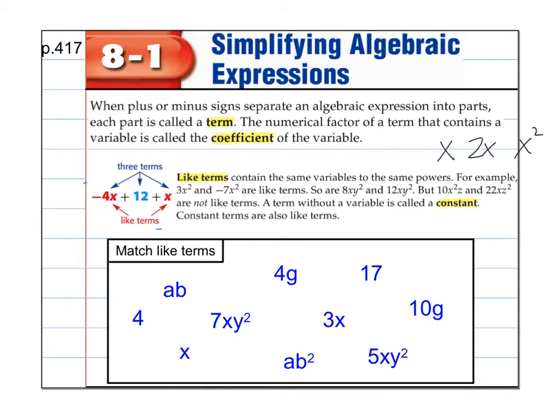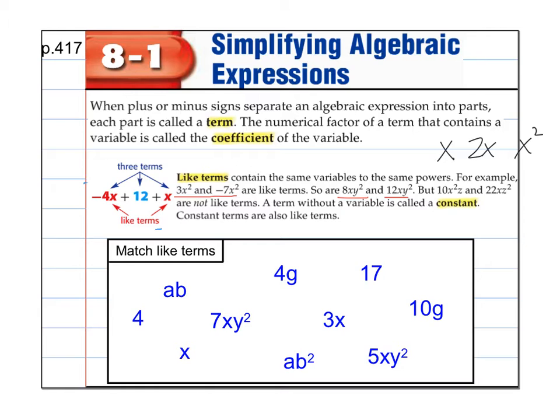Again, 3x squared and negative 7x squared are like terms. 8xy squared and 12xy squared are, but 10x squared z and 22xz squared are not like terms, because x is to the second power here, but only to the first power there. z is to the first power here, but to the second power here. So those aren't alike because they're not the same variable to the same power.